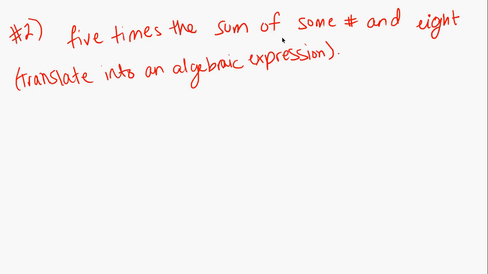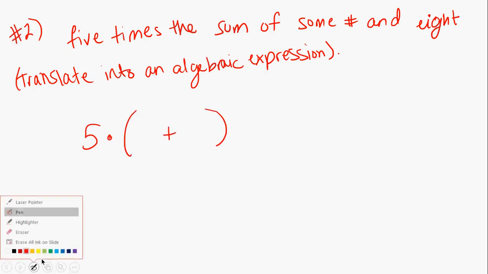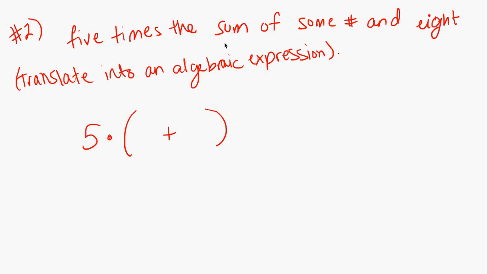So when it says 5 times the sum, we know that we're going to have 5 times the sum of 2 numbers. Because remember, sum means add, and times is multiply.